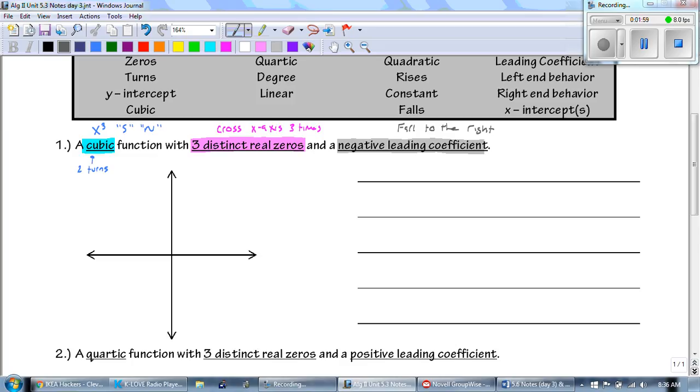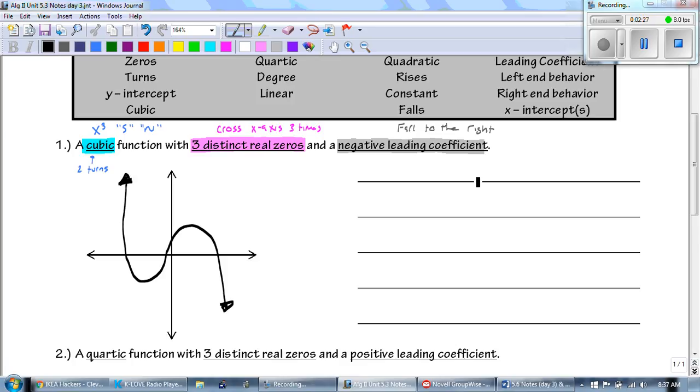And if you can't remember it, go back to 5.6 day 1 and look at that, because those tell you the descriptions of what to do. So when I'm drawing my cubic function, it needs to fall to the right, and that means the opposite side is going to rise.